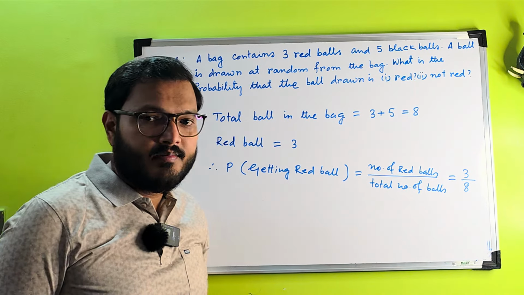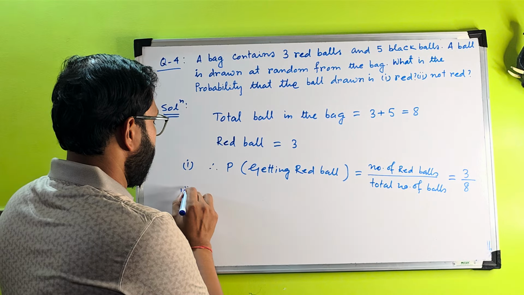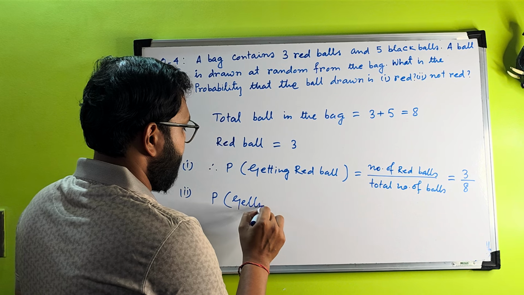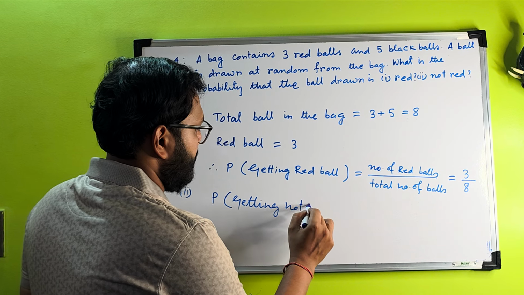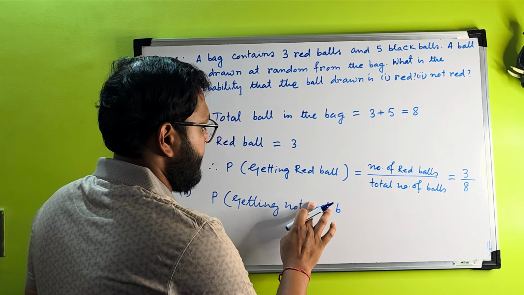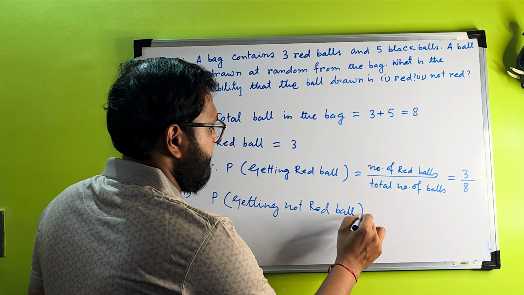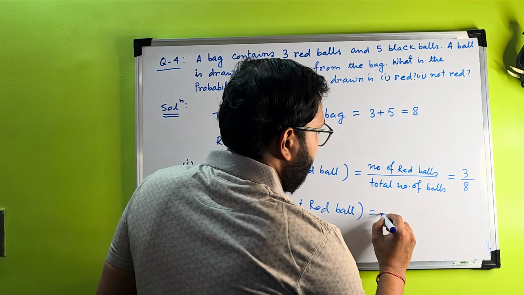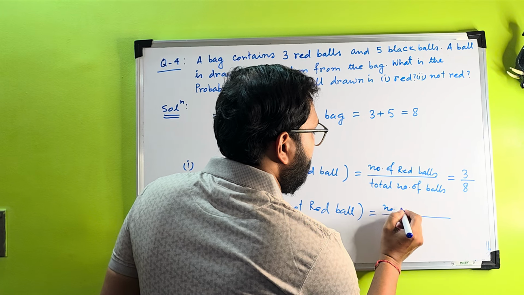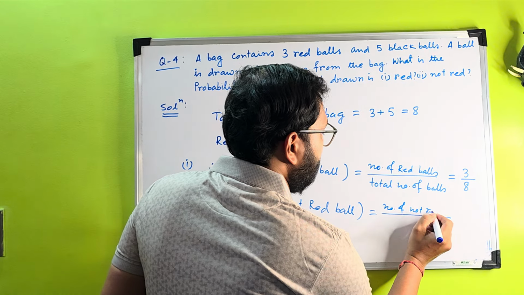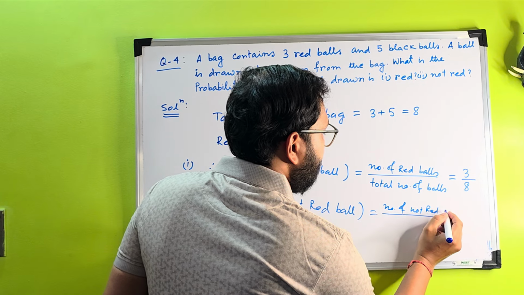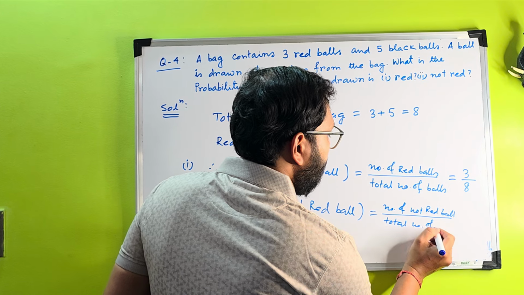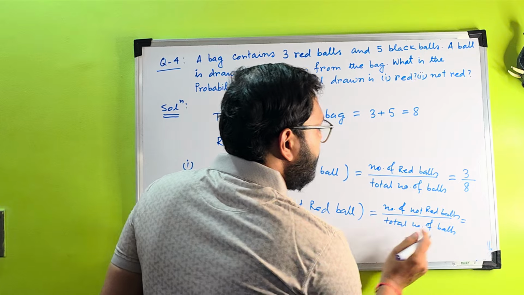Now, not red ball. Number 2, probability of getting not red ball equals number of not red balls by total number of balls.